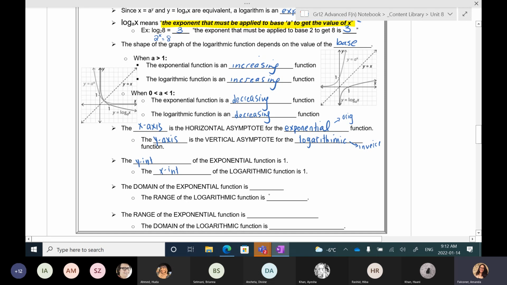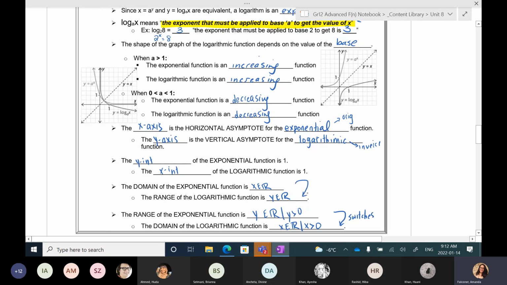The domain of the exponential, the original, is x ∈ R. The range of the logarithmic is y ∈ R. And then the range of the exponential is y ∈ R such that y is greater than 0, that's going to flip to the domain of the inverse, the logarithmic one. So we saw that with our investigations.